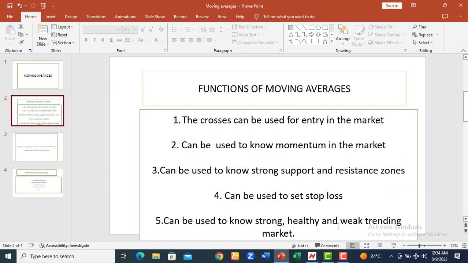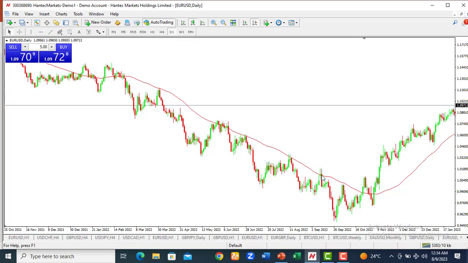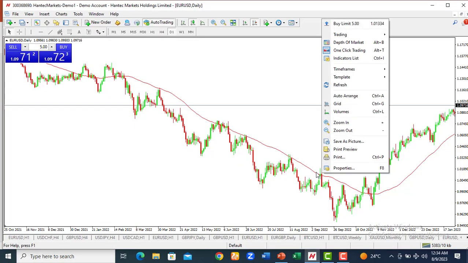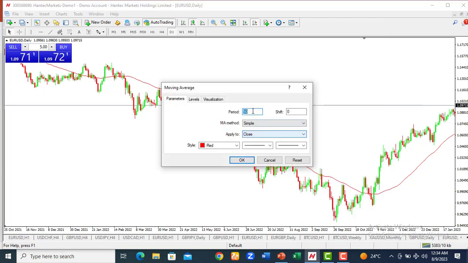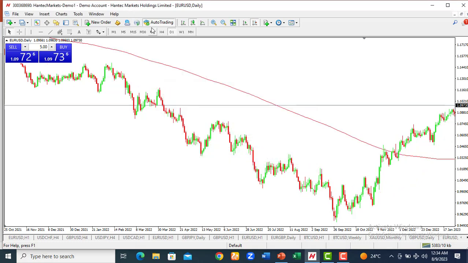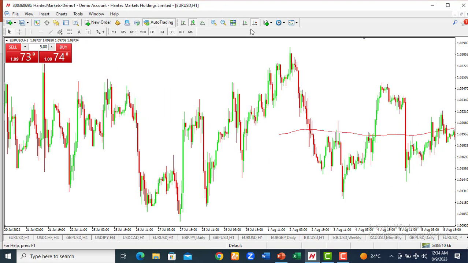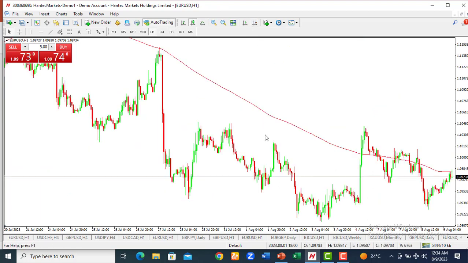And for the weak trending market, use your 200 period moving average, which you also use to know your strong support and resistance. You can see it in H1. Any market respecting the 200 period moving average is a weak trending market.